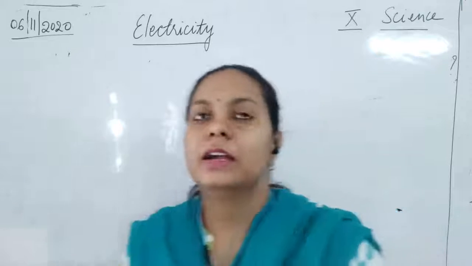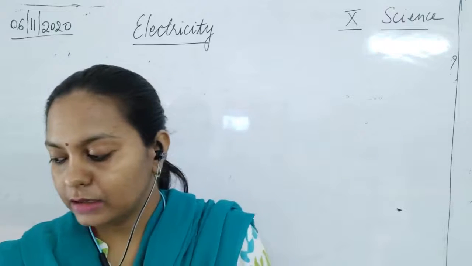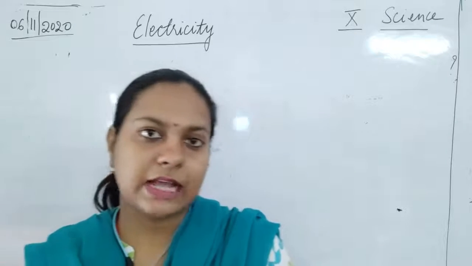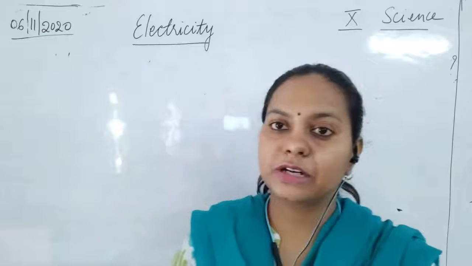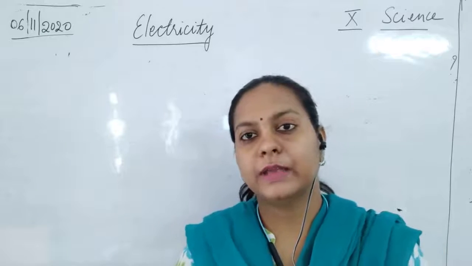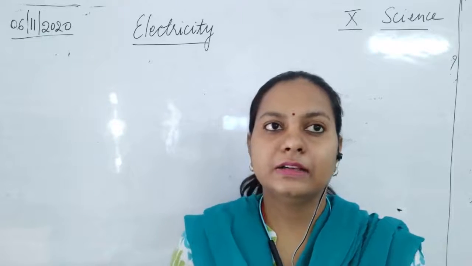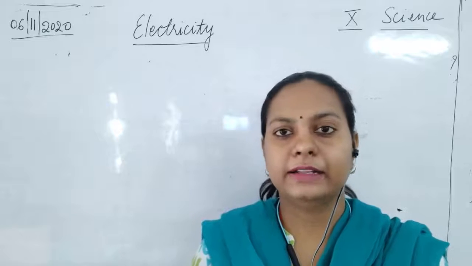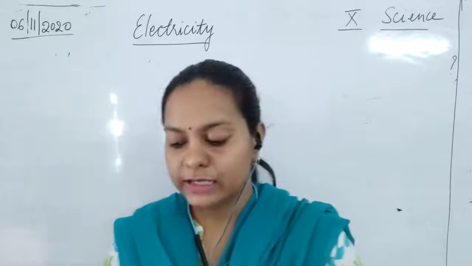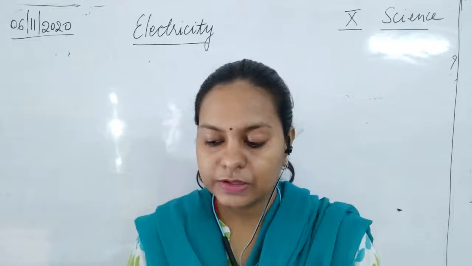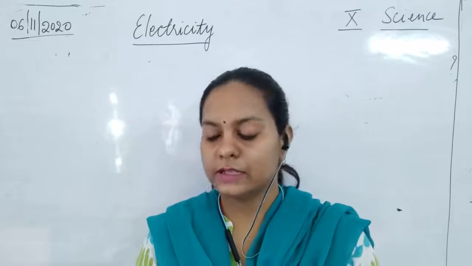To maintain the continuous flow of electric current, the potential difference has to be maintained, and it is maintained because of the chemicals in the battery and the cells, which continuously give the electrons. So this is about the potential difference and the potential.